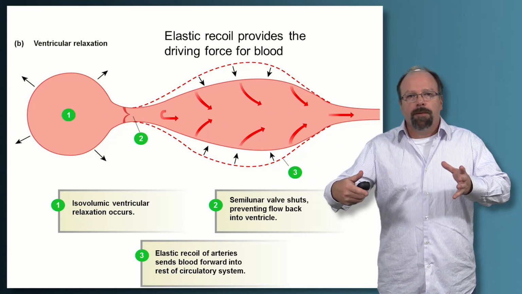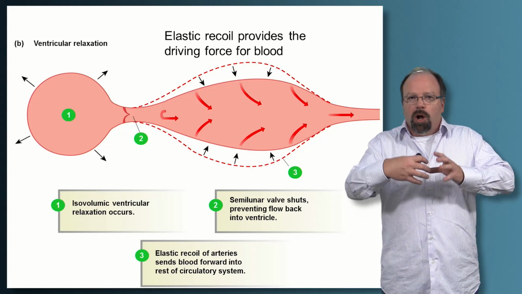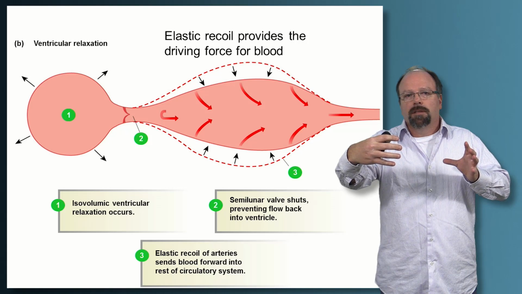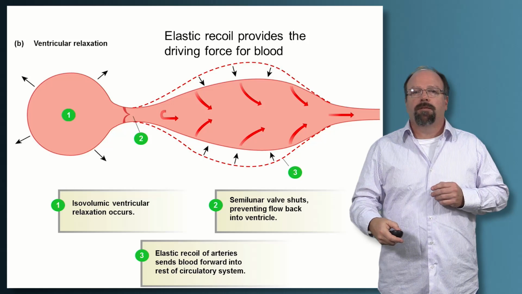Now, if we look at what happens during ventricular relaxation, you see that the heart undergoes isovolumetric ventricular relaxation. That lowers the pressure in the heart and closes the semilunar valve.